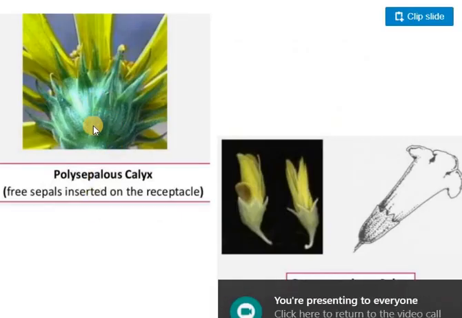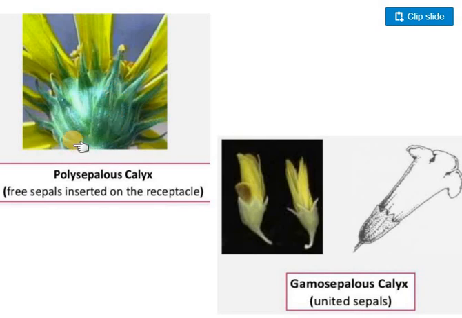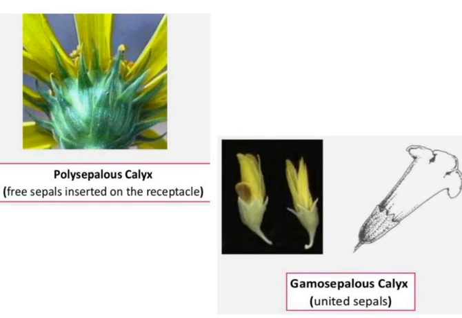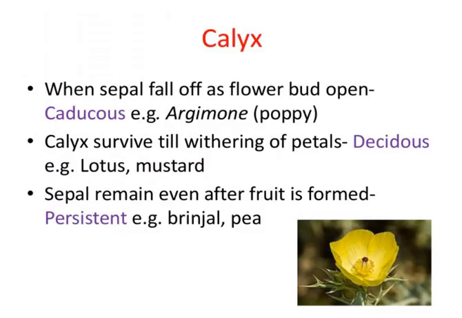When the calyx is free, it is called polysepalous calyx. When the calyx is united, it is called gamosepalous calyx. Okay. So there are some variations.